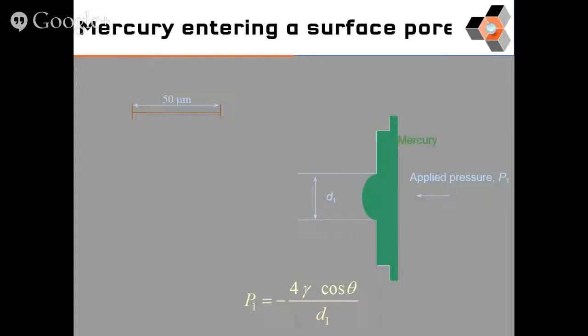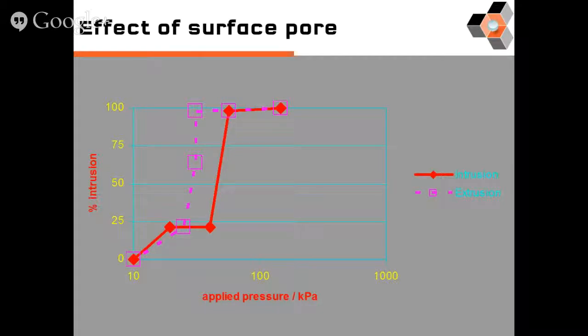If you add that to the other effect, as shown on the next slide here, we get an initial step. Also shown here, something we're not considering in detail today, is that if you pull the mercury out, you need to lower the pressure more than you'd expect, and so there's a hysteresis. The intrusion and the extrusion curve track differently.